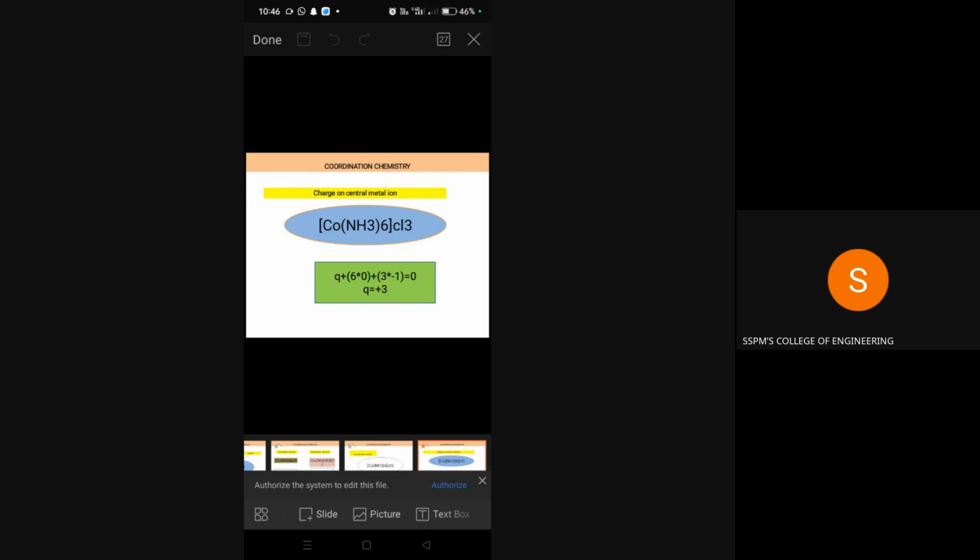Then the charge on that ligand. आता इथे 0 का घेतलंय, 6 × 0 because the charge on an ammonia molecule is 0. And why 3 × -1? Because 3 chlorines are present and each chlorine carries -1 charge. सो हे नॉलेज तुम्हाला फंडामेंटल कन्सेप्ट आहे, ही माहिती असली पाहिजे, की लिगॅन्ड वरचा चार्ज हा तुम्हाला दिलेला असणार नाहीये. म्हणजे अमोनिया मॉलिक्यूल आला तर अमोनिया is a monodentate ligand, so it has 0 charge, or neutral molecule.